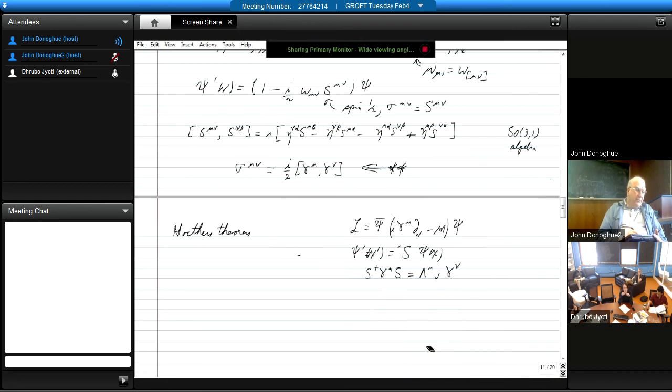But remember, to get the currents out, you have to let those translations be functions of x, and then you have to worry. Anyhow, the general form of S can be done from a set of these infinitesimals. It's minus i omega mu nu over 2 sigma mu nu. That's the general transformation.